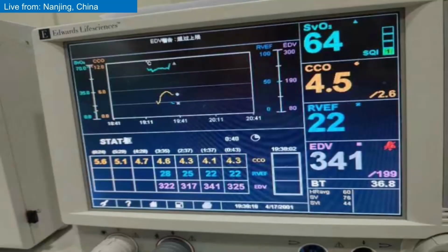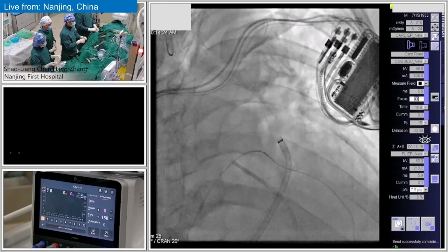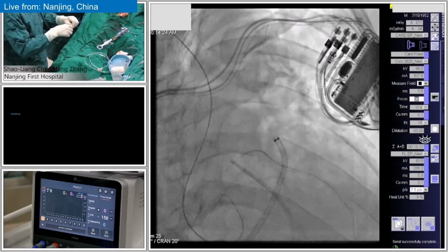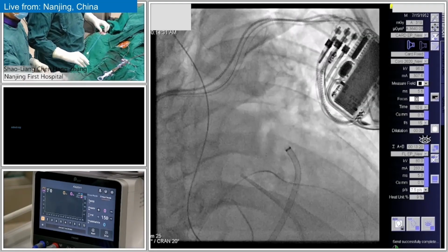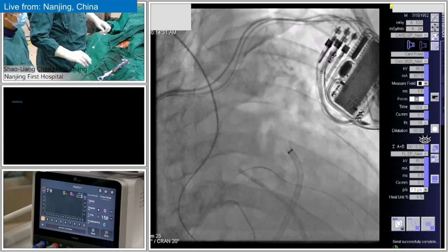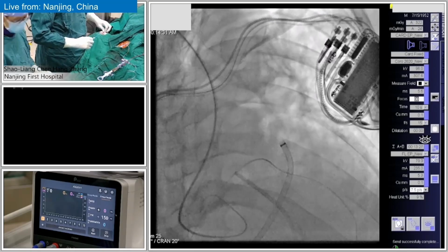Once we have finished the measurement of the pulmonary arterial pressure, it will be a little bit difficult. Basically we tried to use this Swan-Ganz catheter to engage the distal pulmonary artery, but because the right atrium is pretty big, it is very, very difficult to get the Swan-Ganz catheter in. So instead, we use the pigtail to put in the left ventricle to measure the left ventricle.